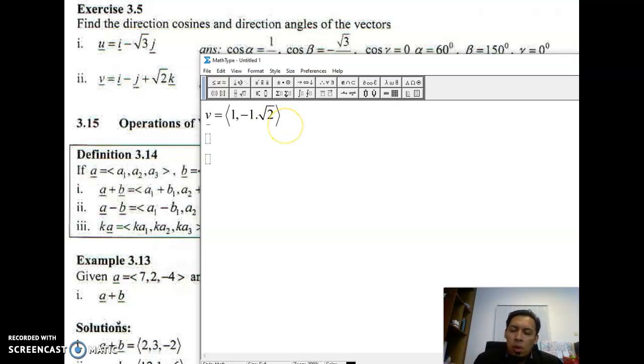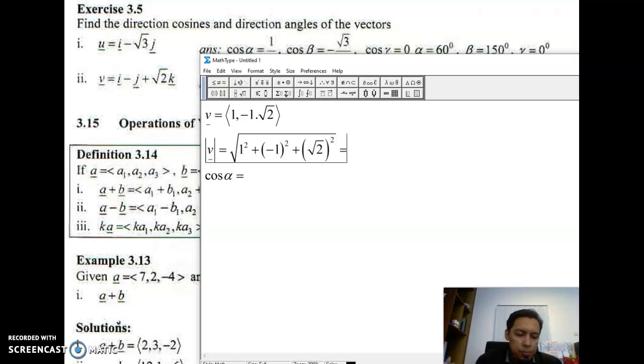Okay, so let us try to calculate the direction cosine, and of course to look for that we first need to look for the length of the vector. Okay, so we have 1 squared plus negative 1 squared plus √2 squared, and this will give us 2.